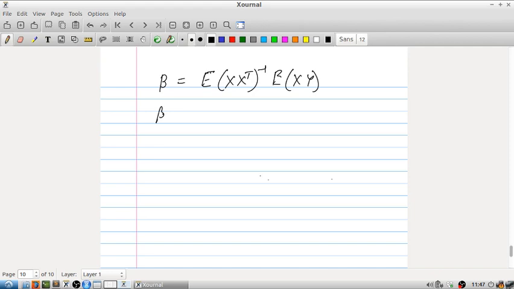Or in the other case, I said beta hat is the inverse of x transpose x matrix times x transpose y vector. Okay, so I just said these are true, and that it's not easy to prove. I brought it up in the first class, and in this class too. So we can probably derive one of these because it's not difficult.